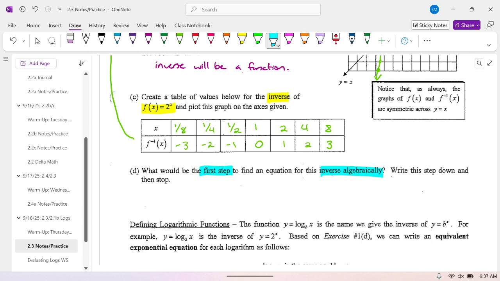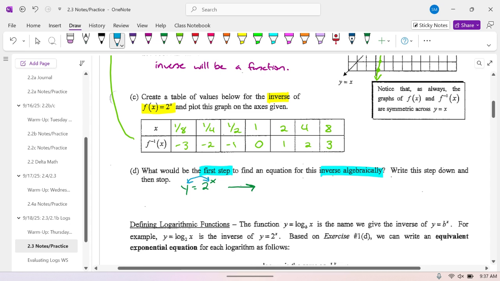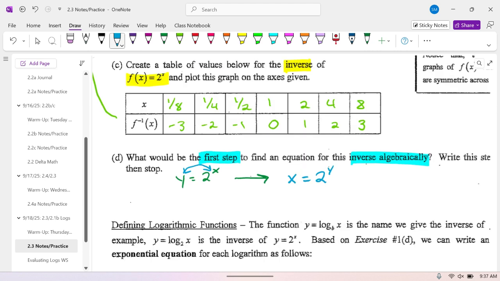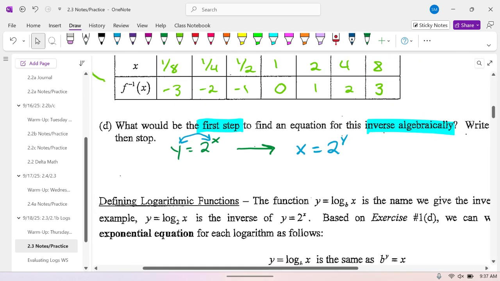So if we originally started with y equals 2 to the x power, to find the inverse, all we would do is flip the place of the x and the y. So this would be x is equal to 2 to the y power. Now, we're going to stop there for right now because we don't know how to evaluate that yet or solve for y yet. All right?